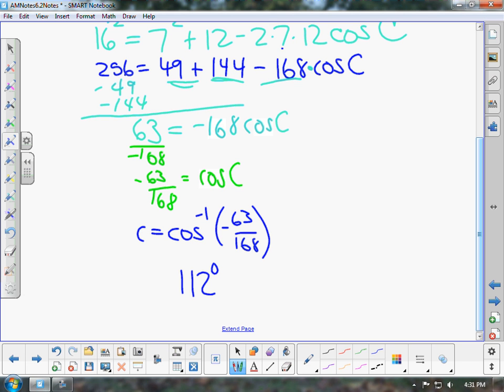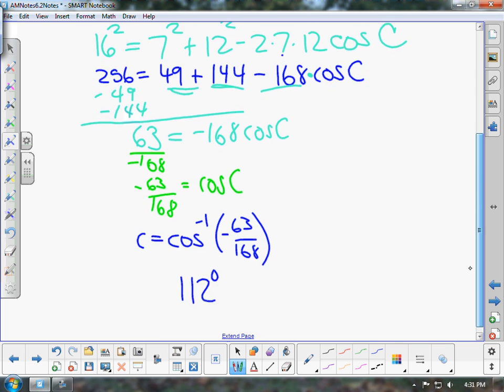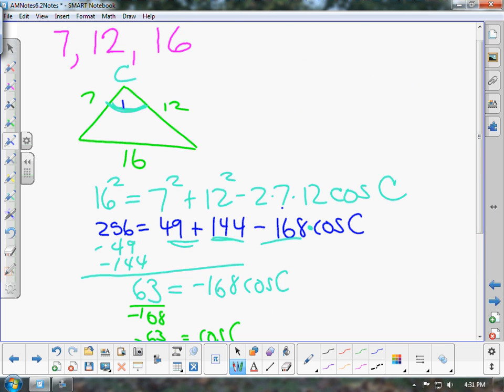And so now that we know that that angle is 112 degrees, this one right here is 112, now we can go and apply our law of sines to say 16 over the sine of 112 is equal to 7 over the sine of B, which is also equal to 12 over the sine of A. And then you can solve this by multiplying 7 times sine of 112 divided by 16.